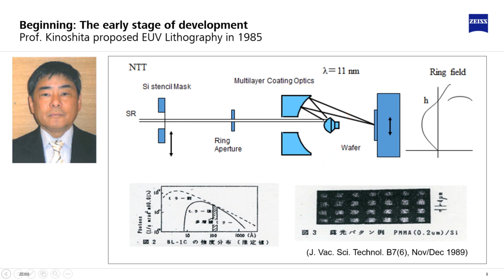The alignment accuracy of the imaging system mirrors was very poor because the alignment was carried out with a visible microscope, and all of the replicated patterns were severely distorted. An image of a 4 micrometer line and space pattern was finally produced in 1985, and the results of the early experiments were first presented at the annual meeting of the Japan Society of Applied Physics in 1986.